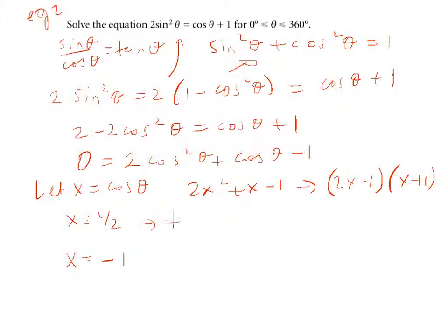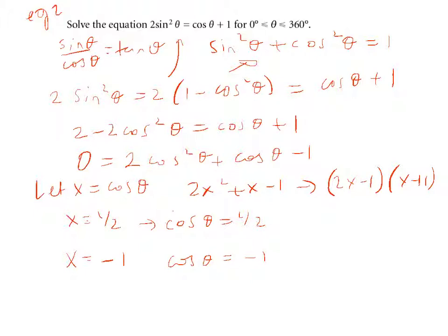For x equals a half, we have tan theta, sorry, my mistake, we have cos theta equals a half, and for x equals minus 1, we therefore have cos theta equals minus 1.